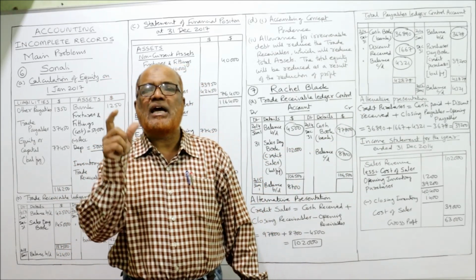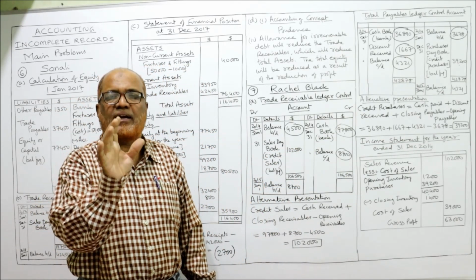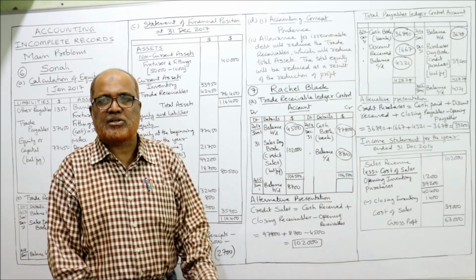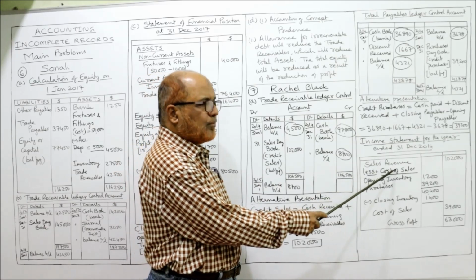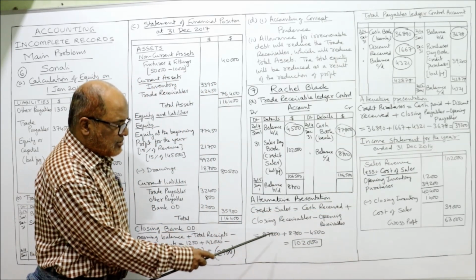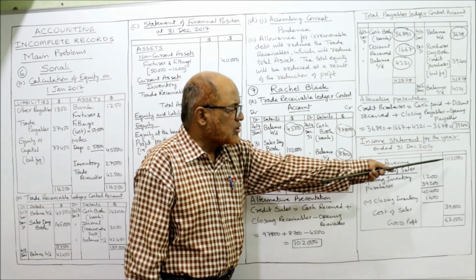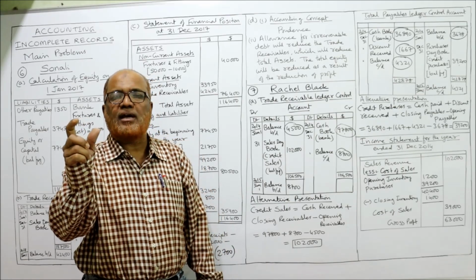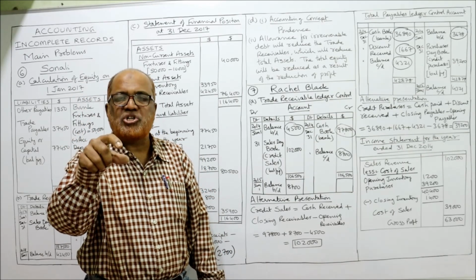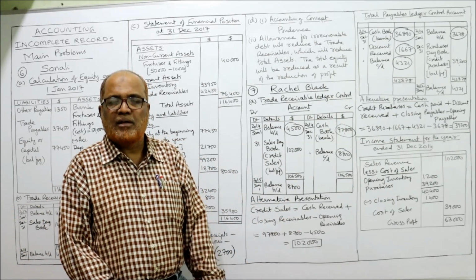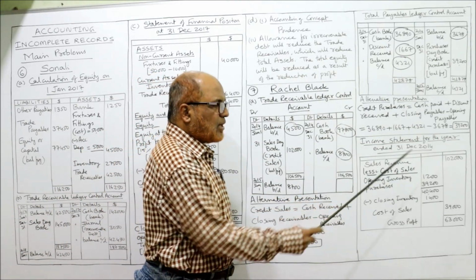It is asking you to make the income statement only to find out the gross profit, not the complete income statement. So first we take sales revenue. Sales revenue already we have calculated here, 1,02,000 sales. So 1,02,000 sales minus cost of sales. Cost of sales, how we can get? Opening inventory plus purchases minus closing inventory. So many problems we have applied. So opening inventory is given in the problem, 1,200.